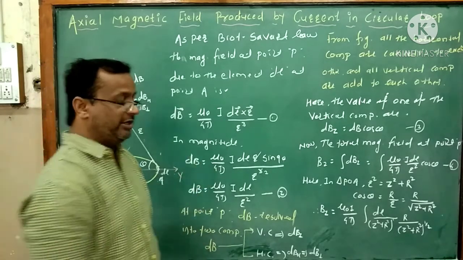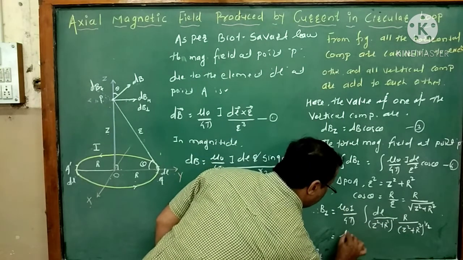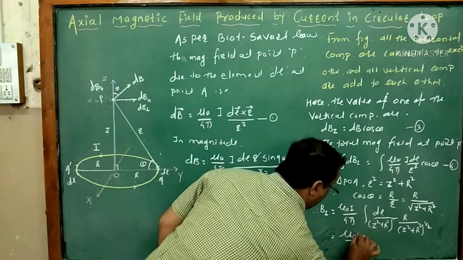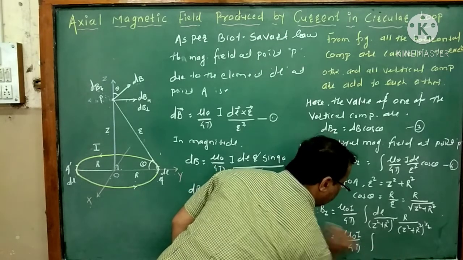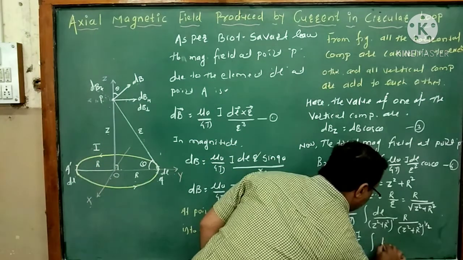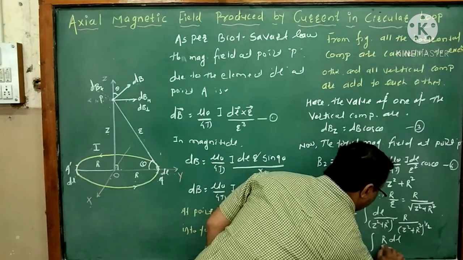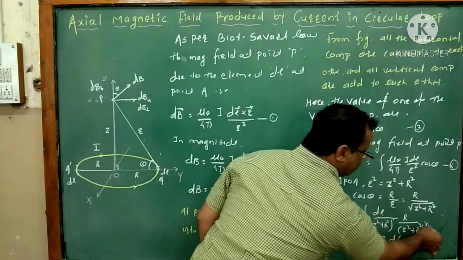No. Then here we want to combine these two. So this is equal to mu 0 I upon 4 pi, the integration of R dl upon, here the power of this bracket is 1 and this bracket is half.